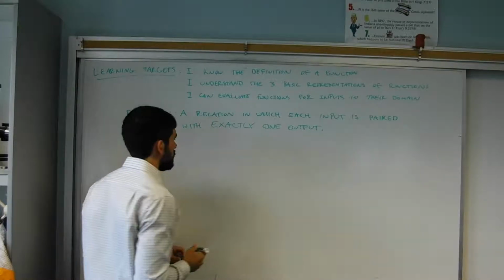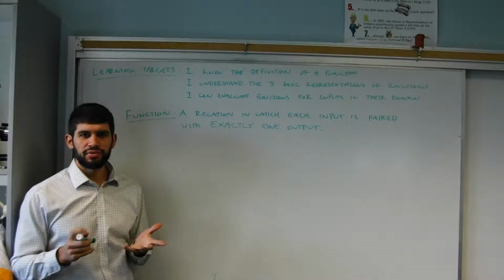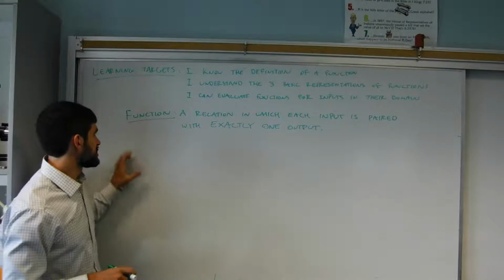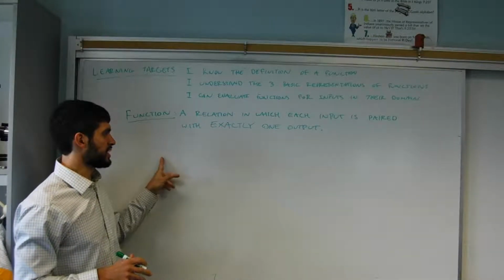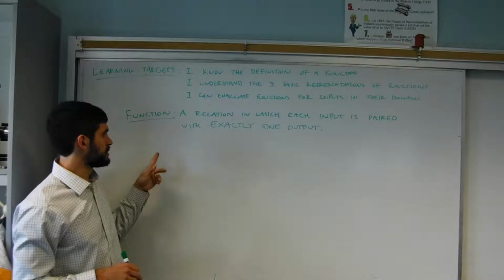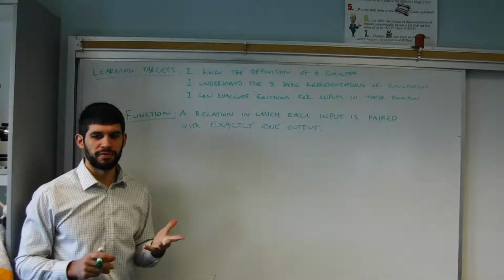So pretty much everything that we do with functions is tied back to this definition that a function is a relation in which each input is paired with exactly one output.